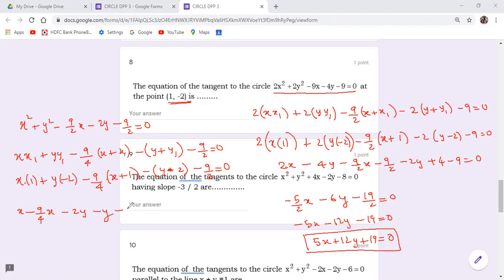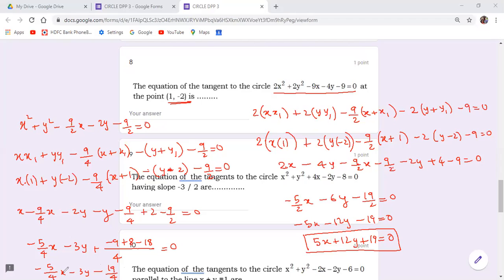Then the constant will be minus 9 by 4 plus 2 minus 9 by 2 equal to 0. You will get here minus 5 by 4x. Here you'll get minus 3y. Here you will get 4 as LCM, minus 9 plus 8 minus 18. So you will come to the same answer, minus 19 by 4.